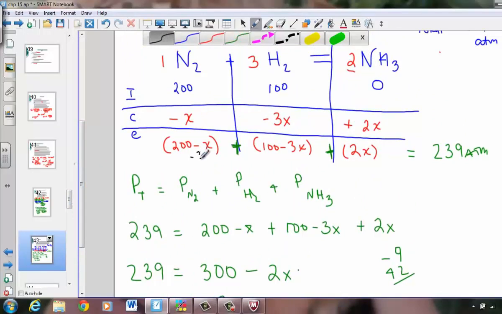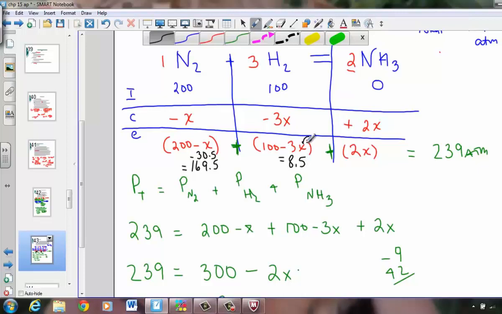So 200 minus 30.5 gave us our equilibrium pressure of 169.5 atmospheres. I'm going to jot that there. 100 minus 3 times 30.5 leaves me with the value of 8.5.